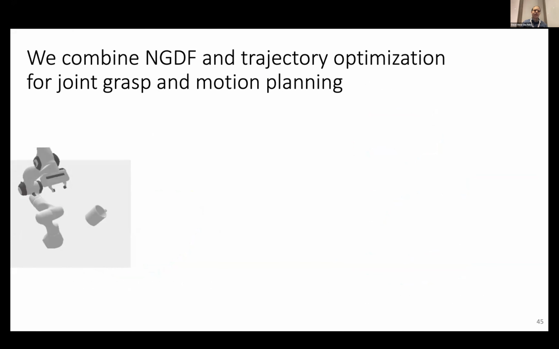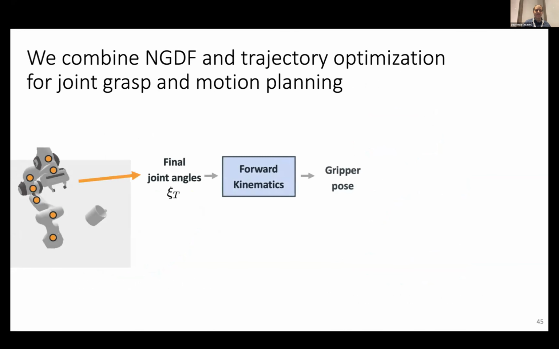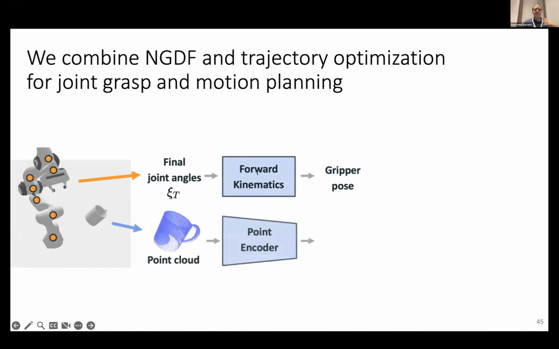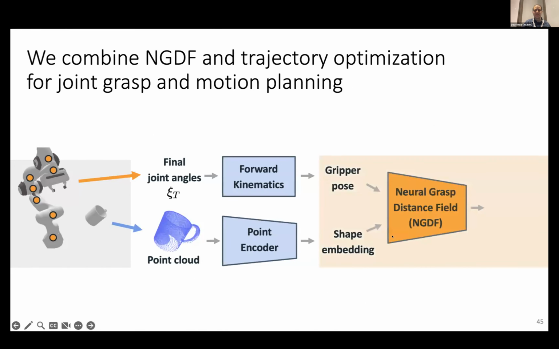Okay, now that's just for optimizing the gripper, but we have other considerations for motion planning. So we're going to have to combine this with motion planning. To explain how this works, we have our robot and the final joint angles. You can pass that through a forward kinematic function to get the gripper pose. We also have the object point cloud, which we embed into some shape.